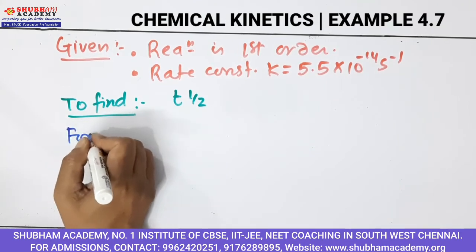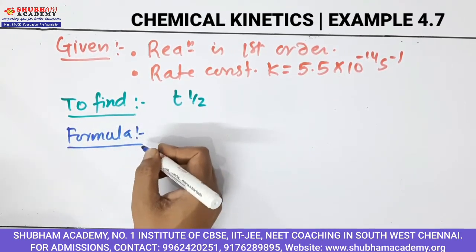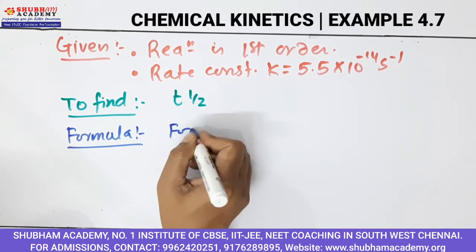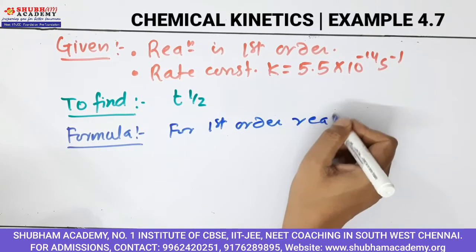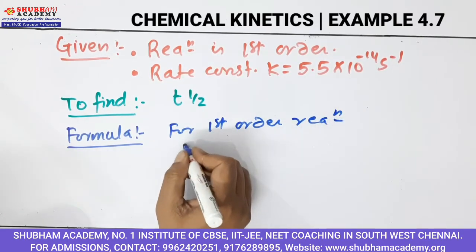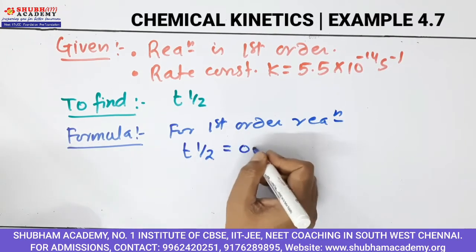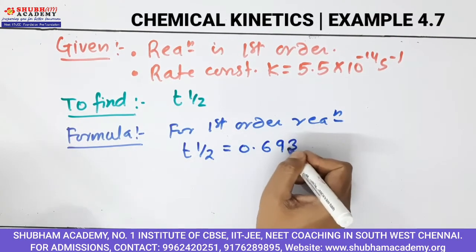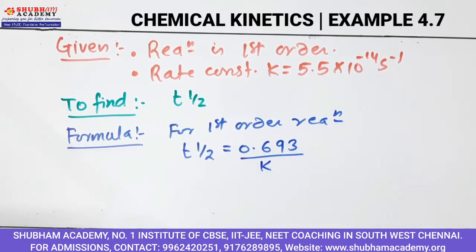So for first order reaction, T half is equal to 0.693 by K, right? So now we'll see the solution part.